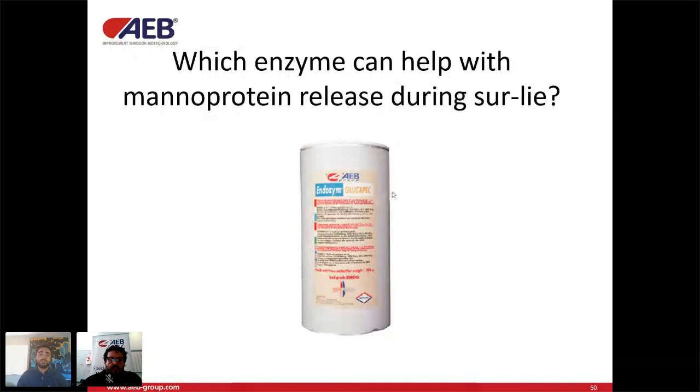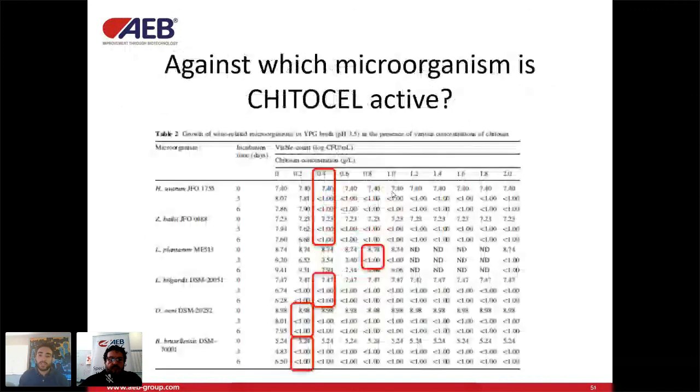In fact, compared to lysozyme, that is effective only against lactic acid bacteria, Chitocel and chitosan products in general have been shown to have a broader spectrum of action, and they are effective against Brettanomyces, lactic acid bacteria, and also other spoilage yeast.